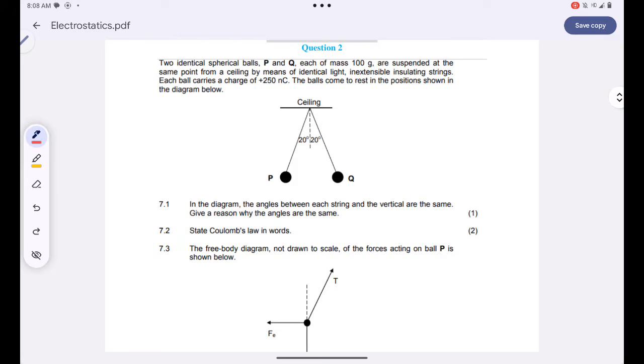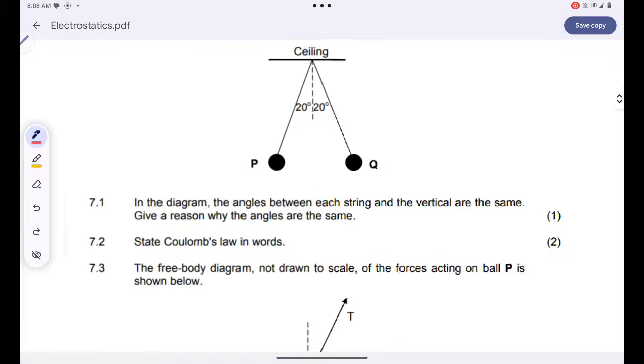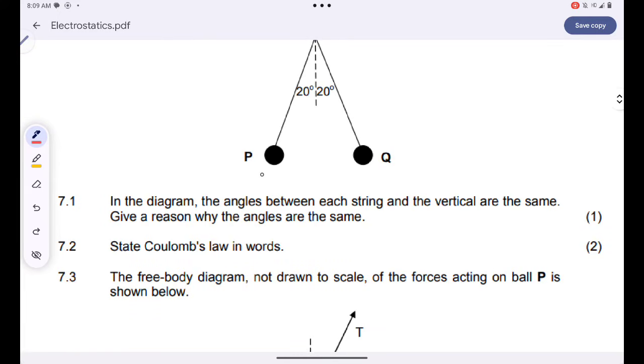The balls come to rest at the position shown in the diagram below. So the charge over here is positive 250 nanocoulombs, that's 250 times 10 to the negative 9 coulombs.